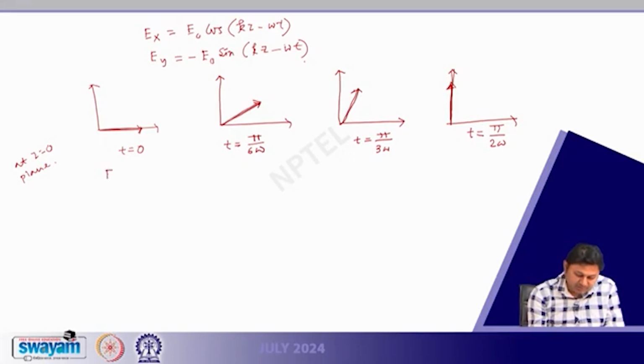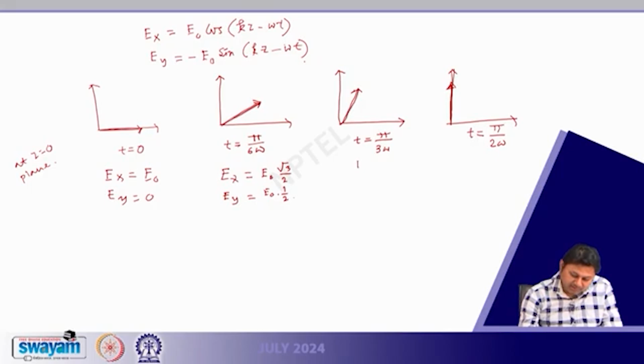So, at t equal to 0, Ex was E naught and Ey was 0. In this case Ex was E naught root 3 by 2 and Ey was E naught by half.